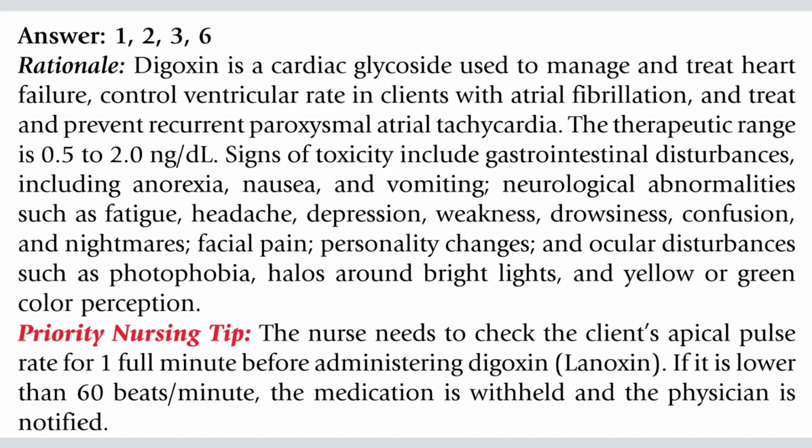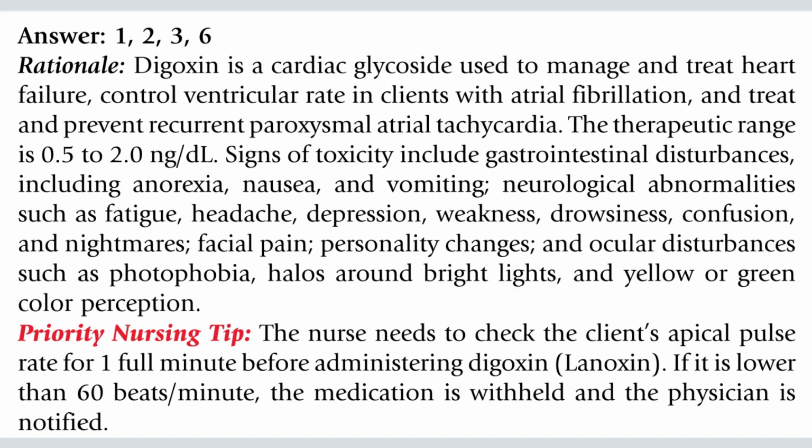Rationale: digoxin is a cardiac glycoside used to manage and treat heart failure, control ventricular rate in clients with atrial fibrillation, and treat and prevent recurrent paroxysmal atrial tachycardia. The therapeutic range is 0.5 to 2.0 nanograms/dl.